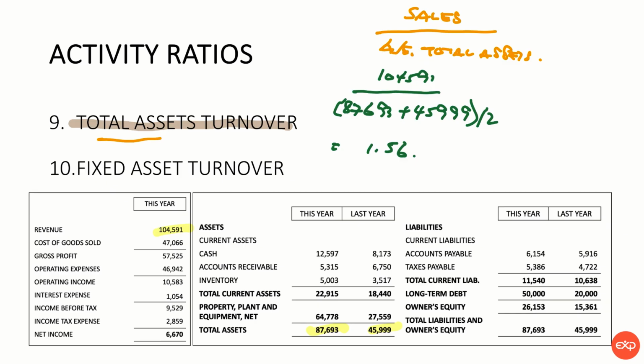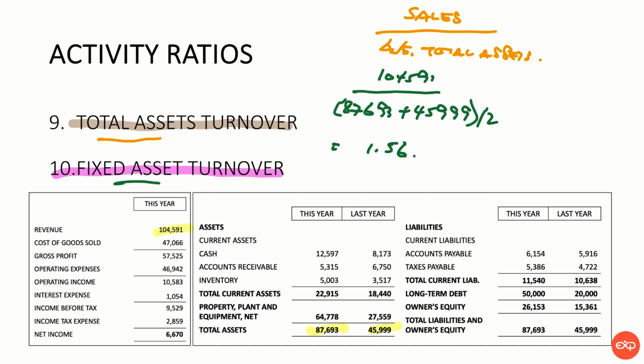Now let's have a look at the second calculation, which is fixed assets turnover. As the name would suggest, it is related to fixed assets. Okay, similar kind of logic. What you're trying to do here is measure the company's efficiency when they're using the fixed assets, such as your property, plant, and equipment, to generate sales.